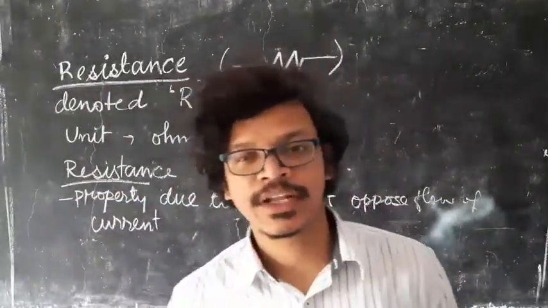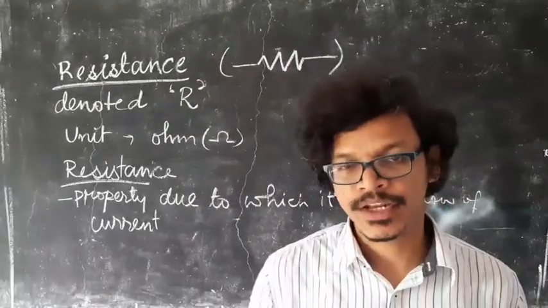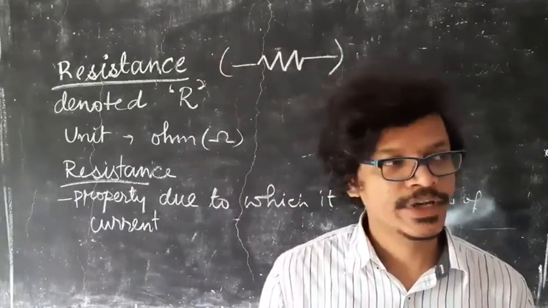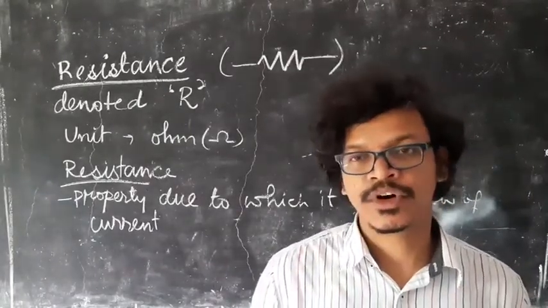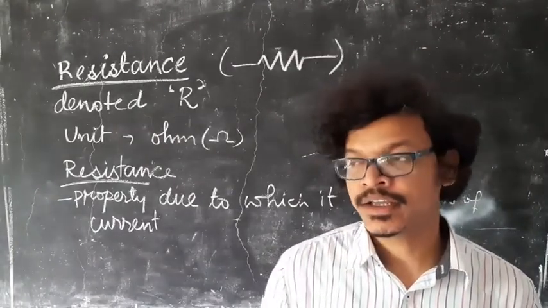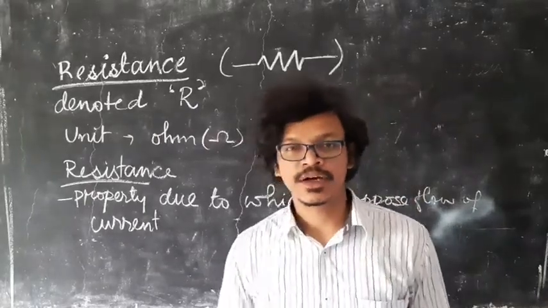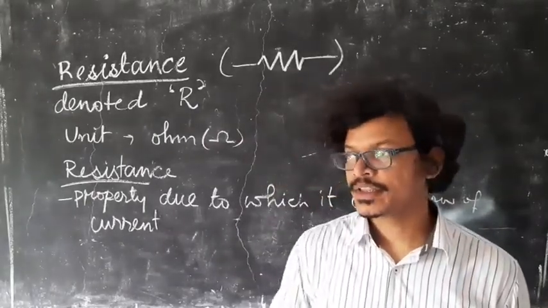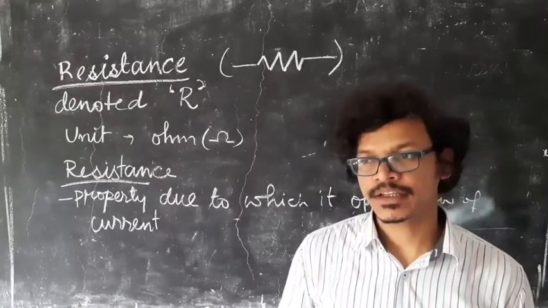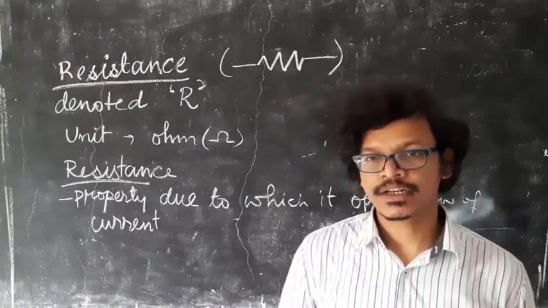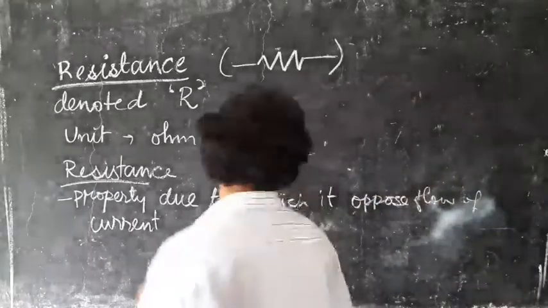In some materials you have seen that very less opposition is offered, and in some materials very high opposition is offered. So based on that we have classified material like conductor, semiconductor and insulator.